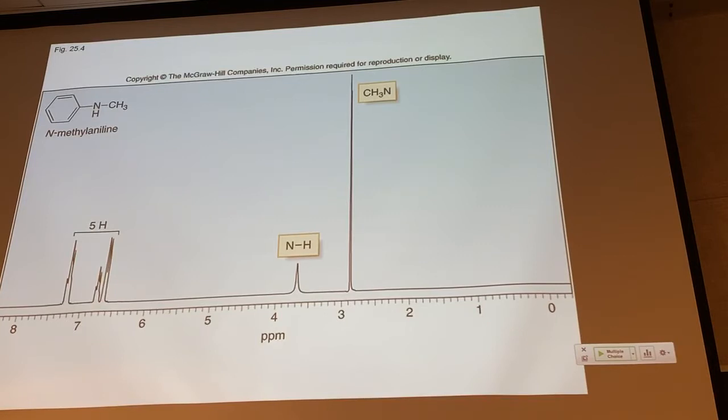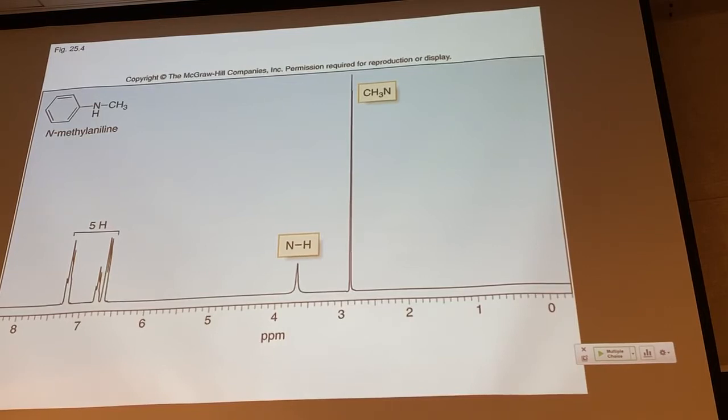If you have a very dilute solution, you're going to have less hydrogen bonding. And so the extent of the hydrogen bonding will cause that signal to move around. So even if you have 2 or 3 different samples of your N-methylaniline, you're going to see that NH at a different spot in each case. But since the other signals don't move, then you can assign the position of this usually by process of elimination.